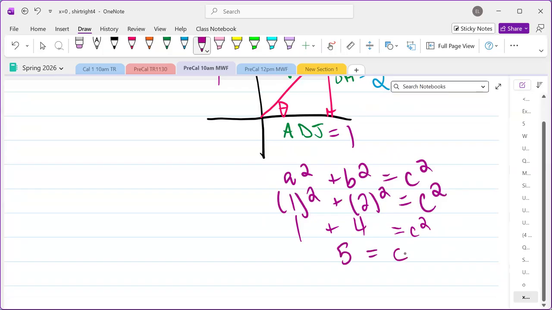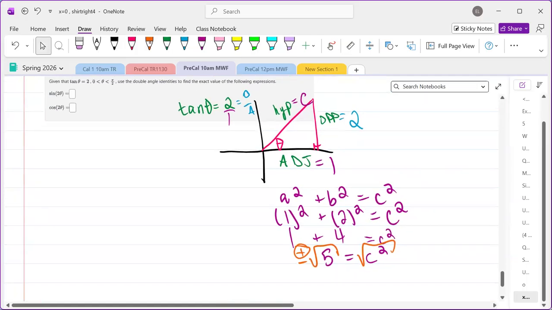So we have 5. C squared is 5. So we square root. Anytime we square root, we remember that plus or minus. But hypotenuse is always positive. Plus we're in quadrant 1. Everything's positive.